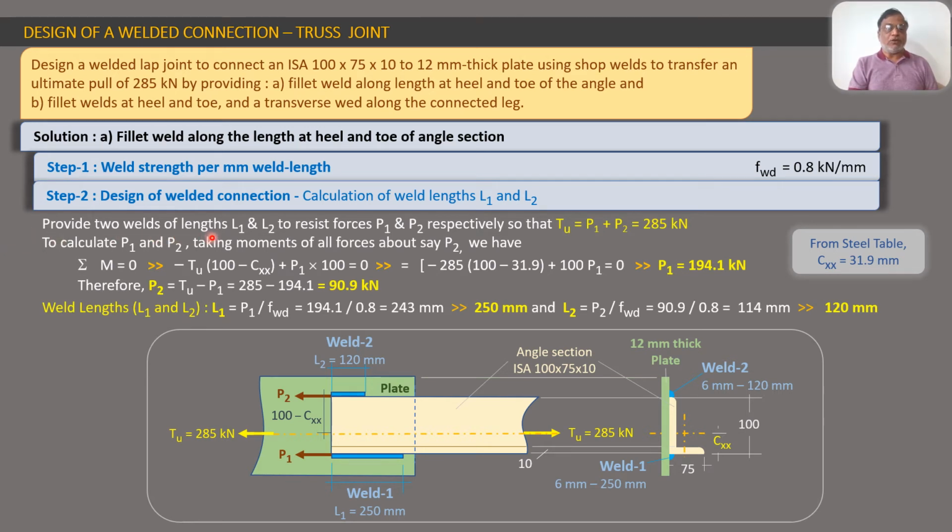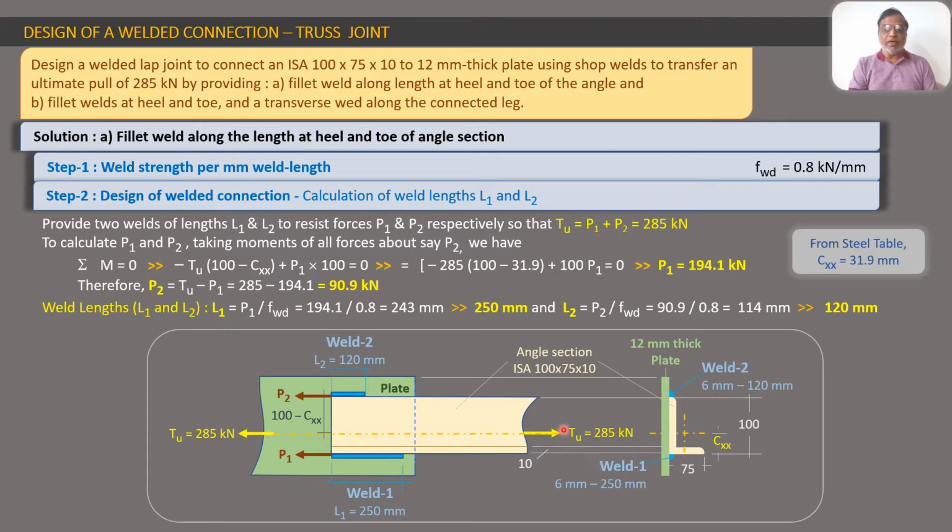Provide two welds of lengths L1 and L2 to resist forces P1 and P2 respectively, so that Tu is equal to P1 plus P2, that is equal to 285 kilonewton. We have already discussed this point a bit: we want to generate resisting forces P1 and P2 through the welds so that they balance this force Tu of 285 kilonewton.